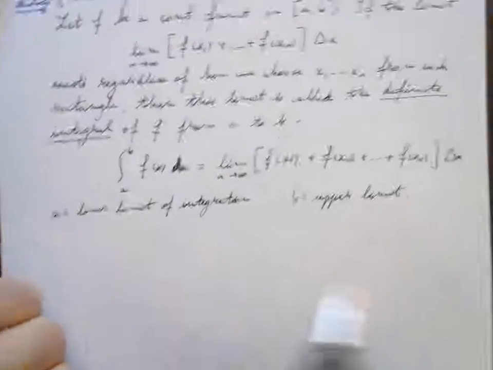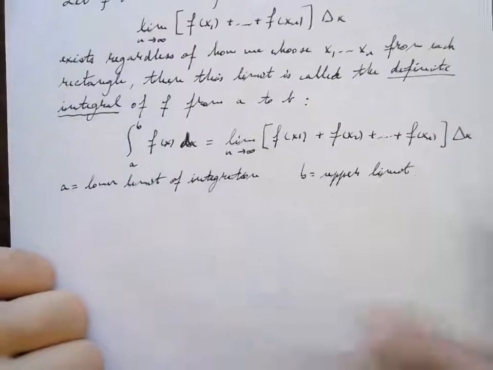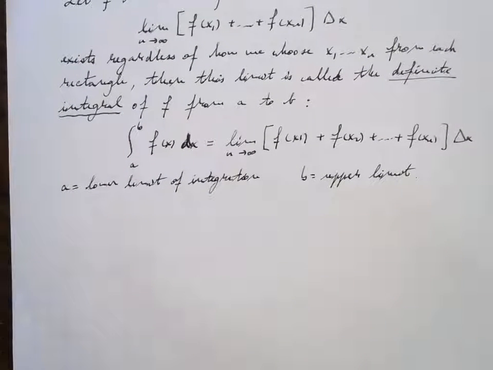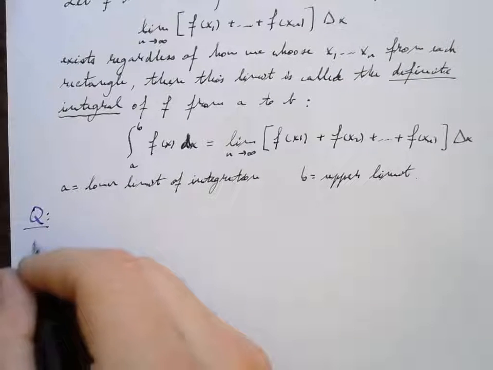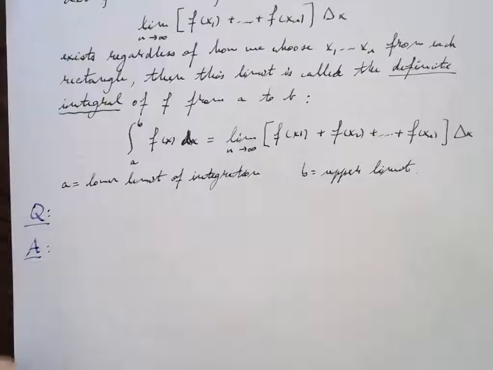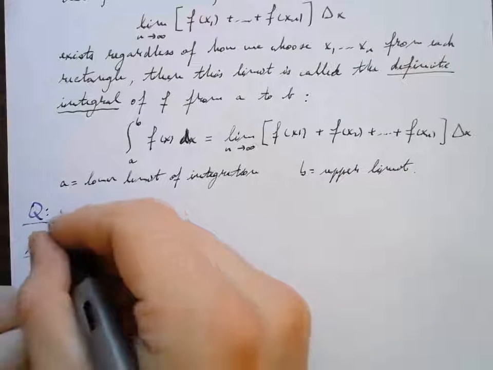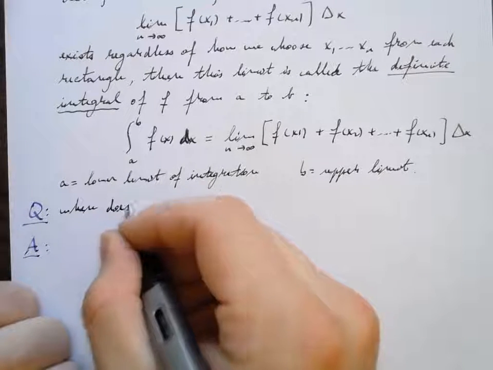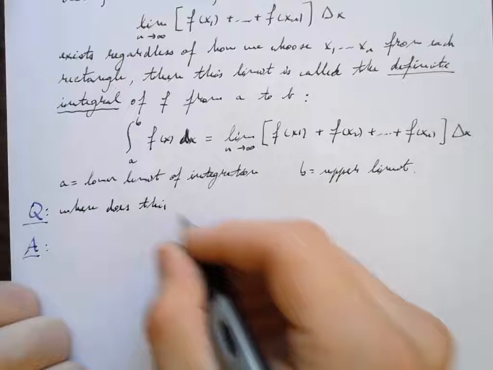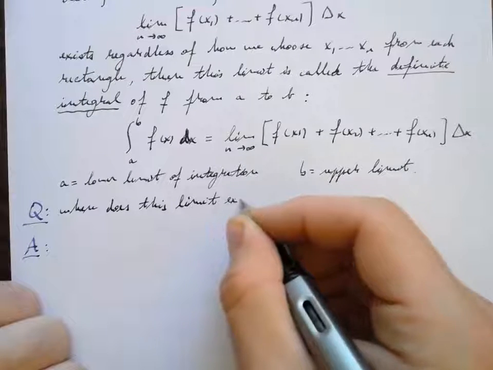So the question is, okay, I say if this limit exists, then this is the definite integral. The question is, when does this limit exist?